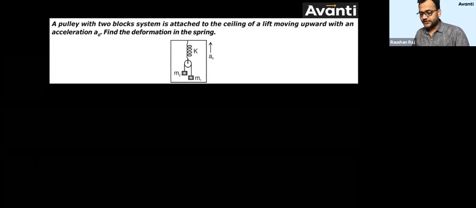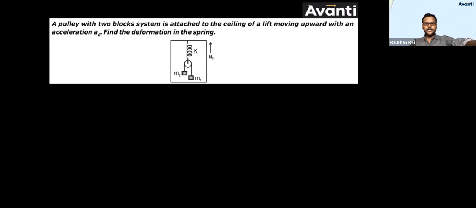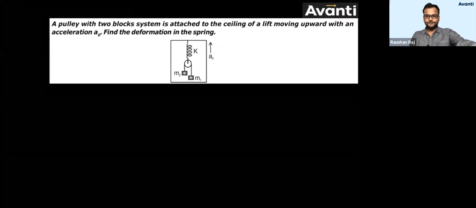So there are 2 methods. कौन सा मेथड है बच्चा? एक तो if you observe this condition from the ground frame. If you observe this from the ground frame of reference, तब एक condition आएगा. दूसरा, if you observe this from the pulley frame or from the lift actually, from the lift frame. If you observe this from the lift frame of reference, then you have to use a pseudo force because the lift is accelerating.